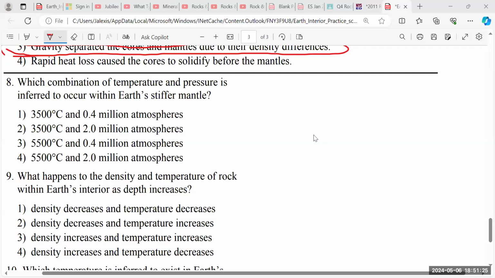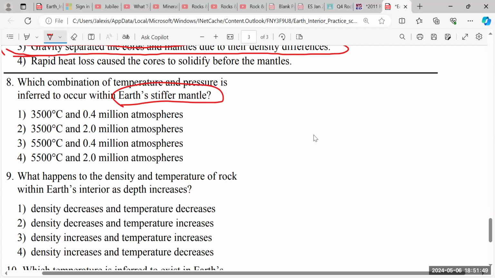All right, people, let's take a look at number 8. Which combination of temperature and pressure is inferred to occur within Earth's stiffer mantle? All right, I love these types of questions because we could almost try it out, right? We could almost try it out to see which one is going to fit within the Earth's stiffer mantle.